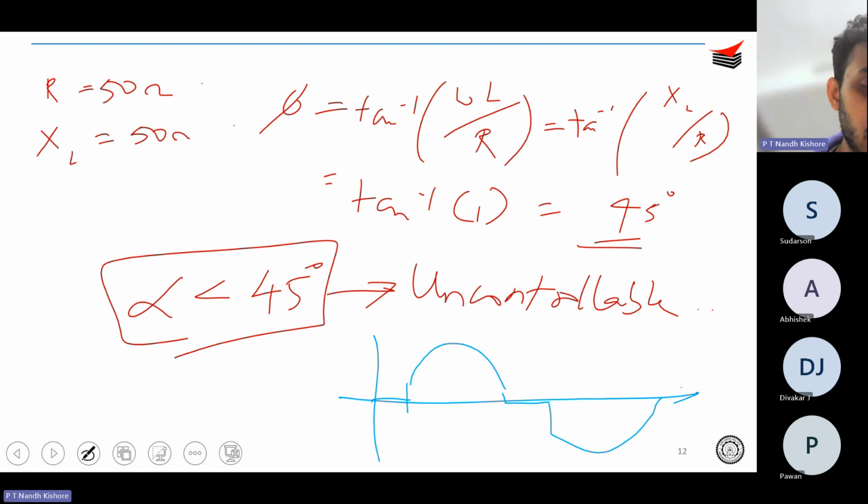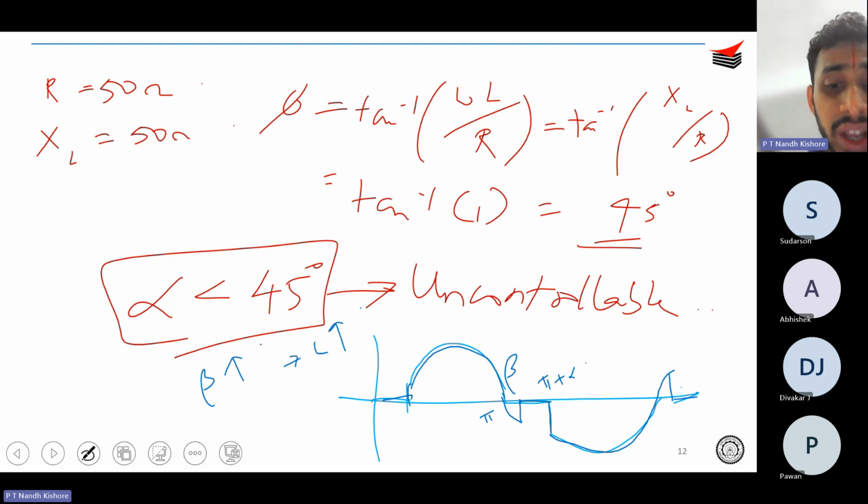With an R load. With an RL load, you're going to get something like this, and then you have a negative region over here. So you have a positive region. You have pi over here, and then beta over here, and then pi plus alpha over here. This beta will go on increasing if the L of your load increases.